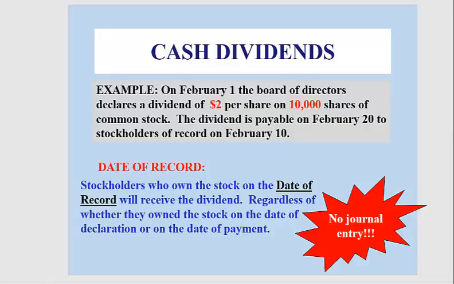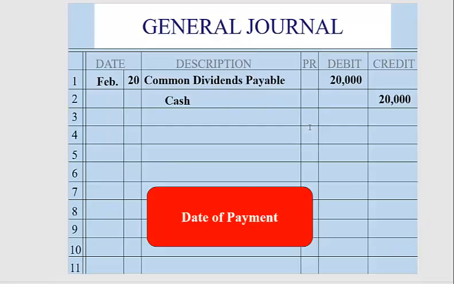The date of record simply establishes who is entitled to the dividend. So whoever owns the stock on February 10th will be receiving the dividend on February 20th. Now February 20th is the date of payment, so the dividend will be paid on this date with a credit to cash for $20,000 and a debit to common dividends payable.